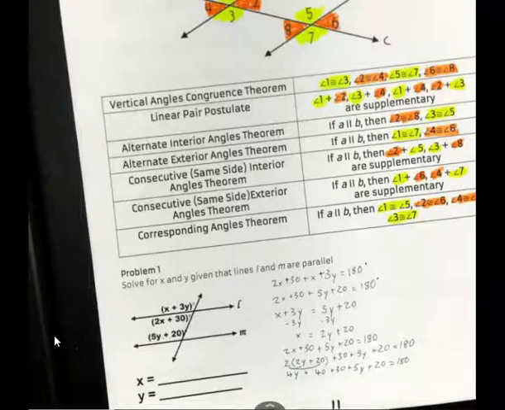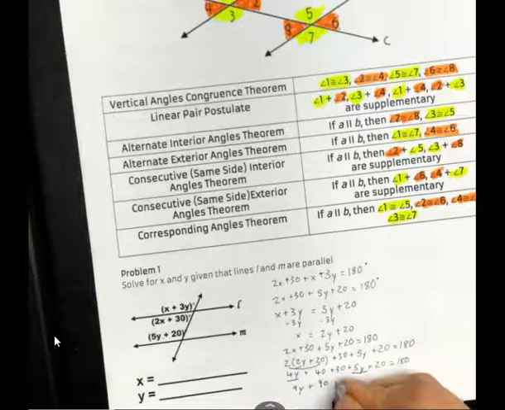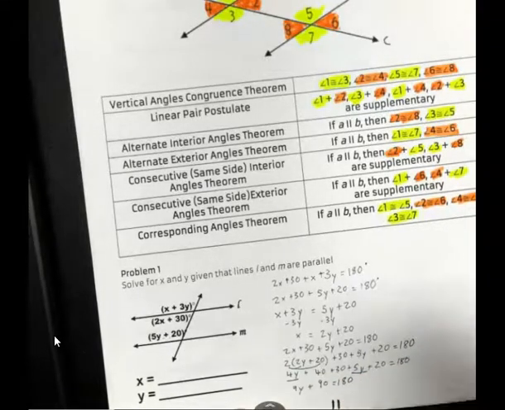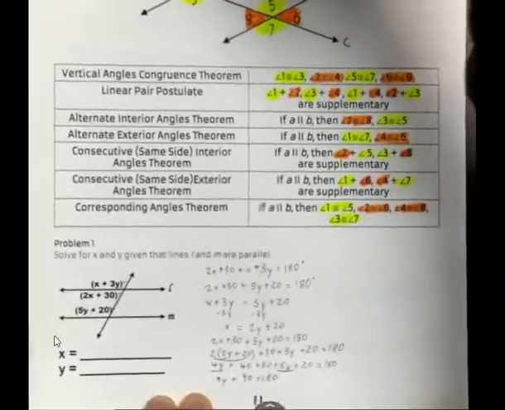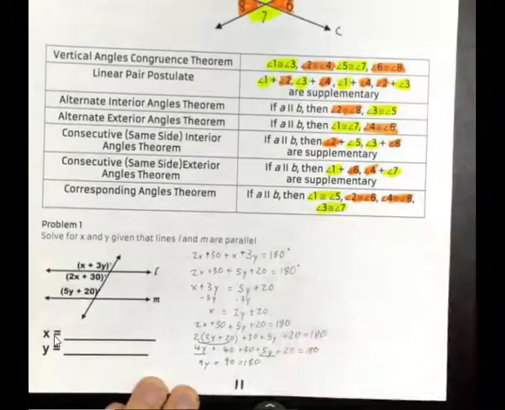I'm going to continue to simplify, so I'm going to combine my like terms. So I have the 5y and the 4y, so that's 9y, plus 40 plus 30 is 70, plus another 20 is 90, equals 180. Okay? And then next, I've got to solve for y.